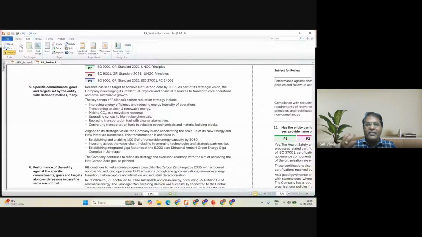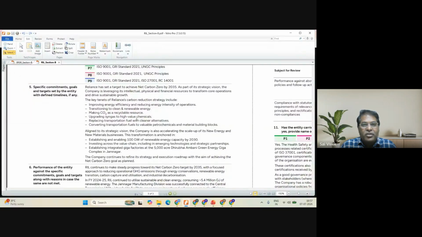This fuel is converted into material building blocks. How is it done? Wonderful it is. We'll see that. Now, what actually is Reliance doing on all these things? Aligned to its strategic vision, the company is also accelerating the scale up of its new energy and new materials business.